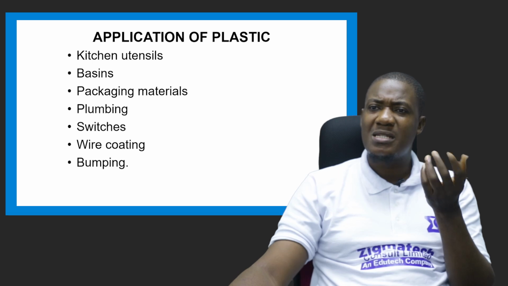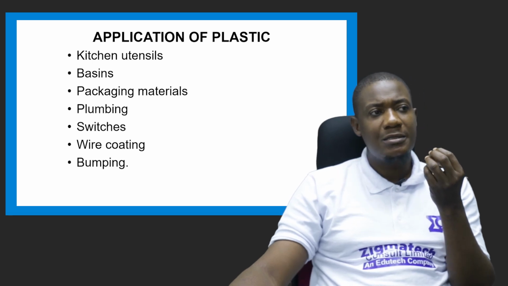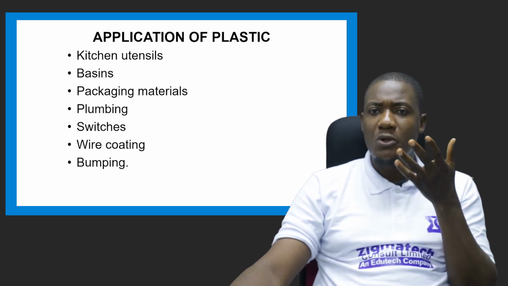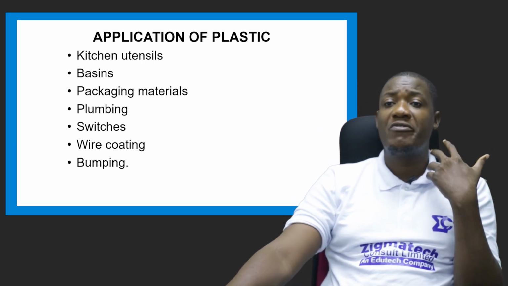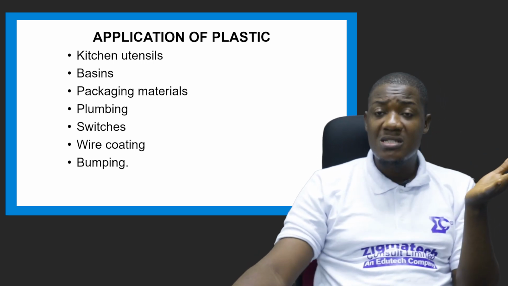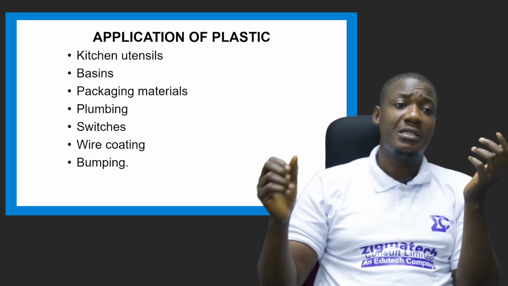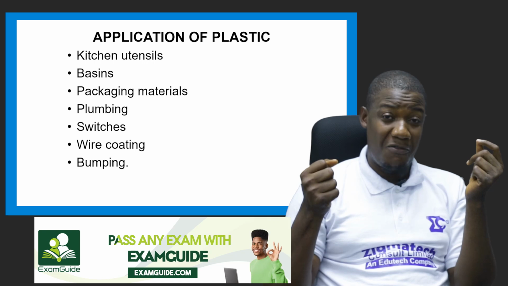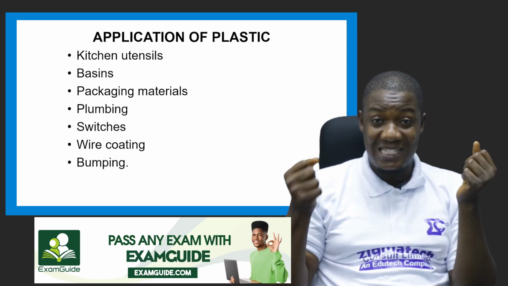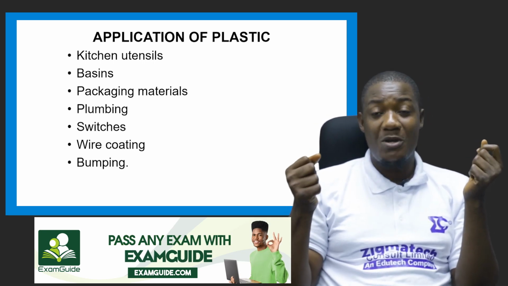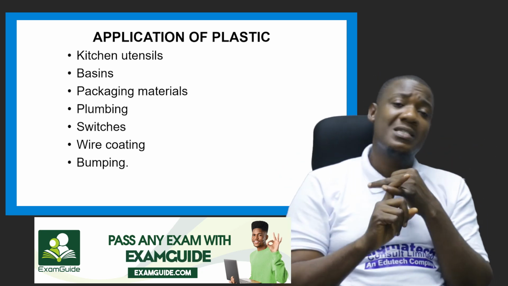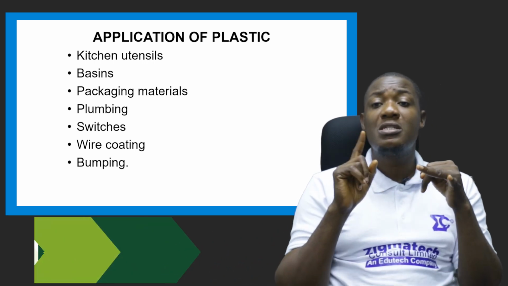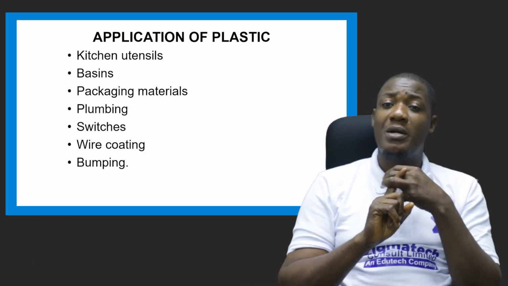We have plastics applied in various products in our homes. We have plastic cups. In our kitchen utensils, the handle of your knife is made of plastic. We use plastic in plumbing, and even in conduit wiring.